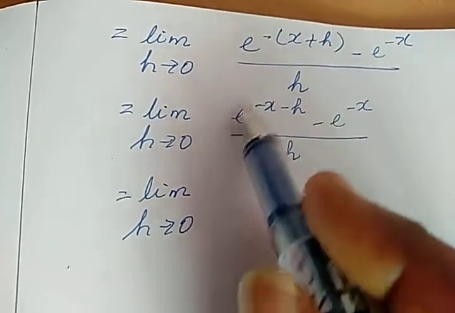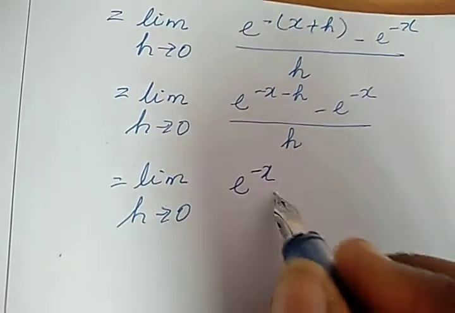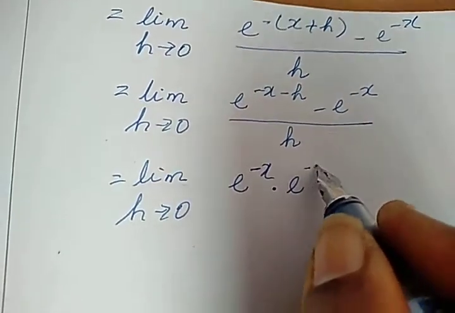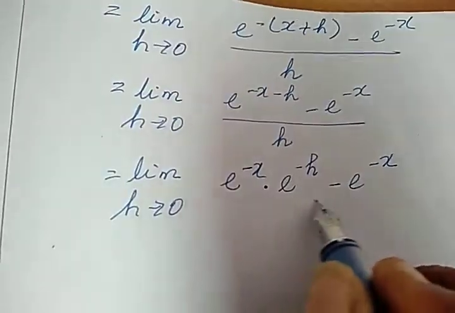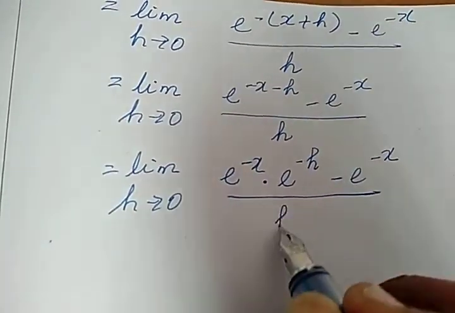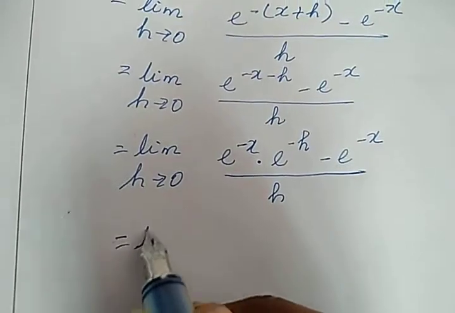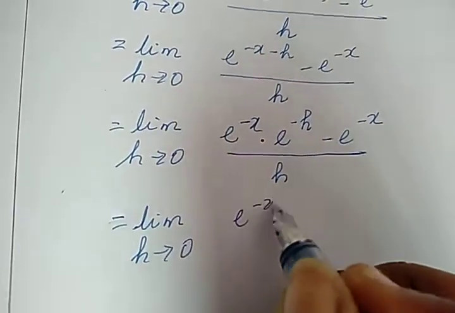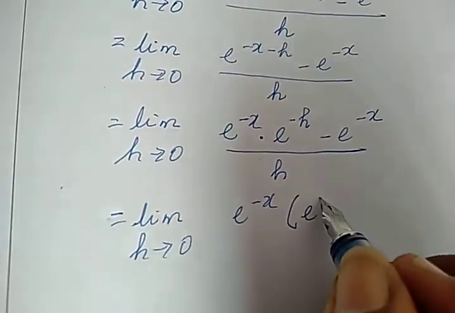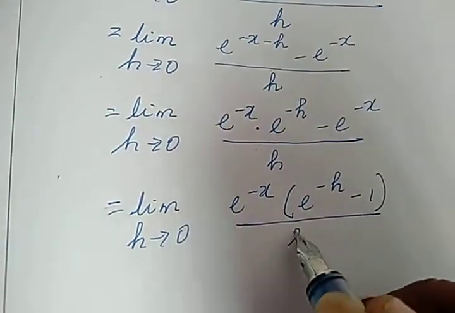I am going to split this term, so I will get e to the power minus x into e to the power minus h minus e to the power minus x the whole divided by h. So two terms are there. For these two terms, I can take e to the power minus x common outside. I will get limit h tends to 0, e to the power minus x into e to the power minus h minus 1 the whole divided by h.